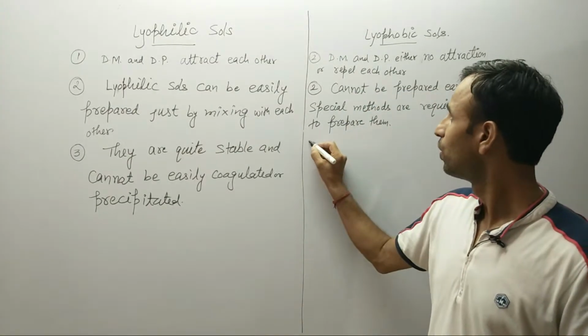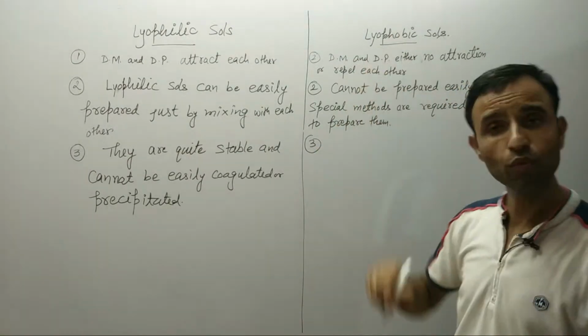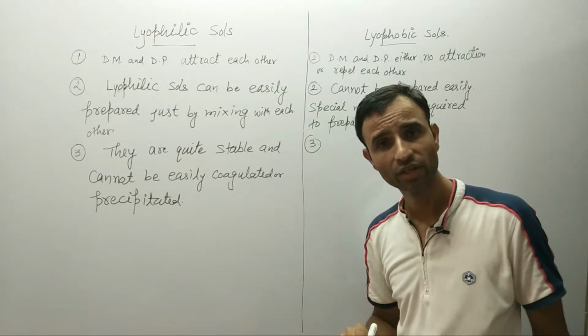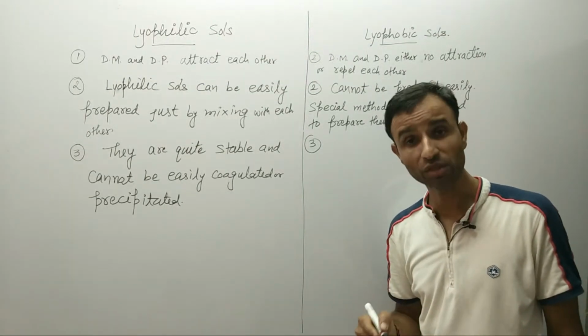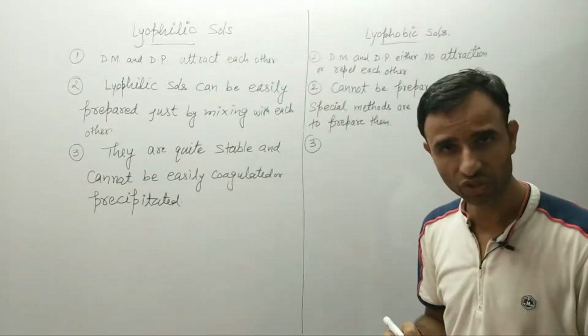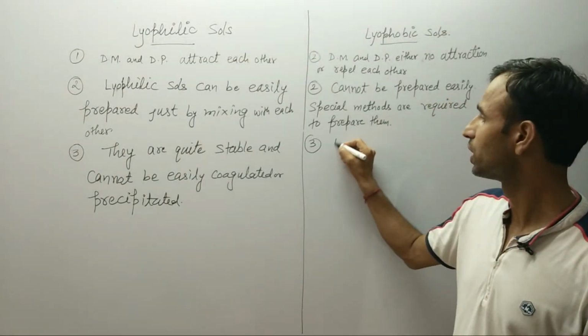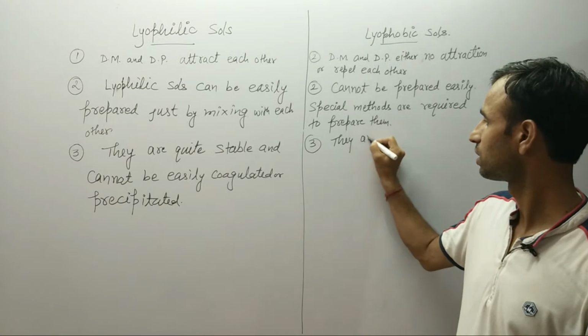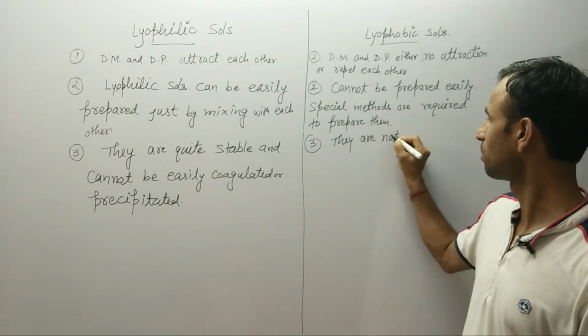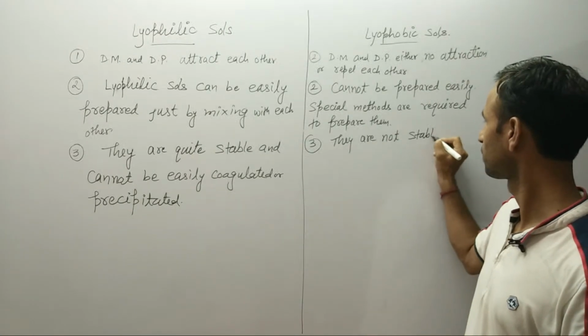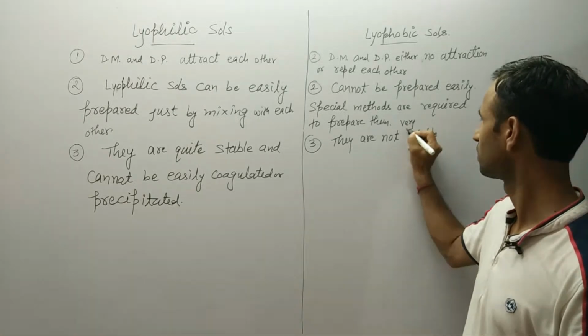Now, lyophobic sols, as there is no attraction and special methods are required or a third component is added to stabilize them, means we need a stabilizing agent in this case, so they are not very stable.